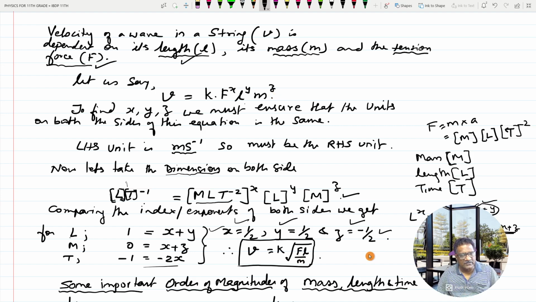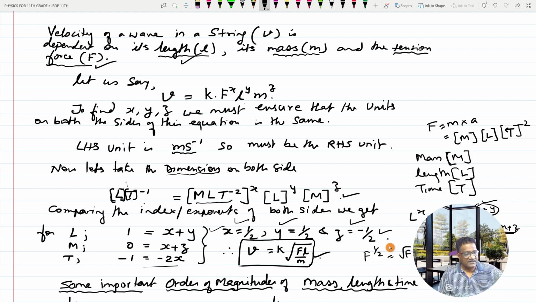Anything raised to 1 by 2, like F raised to 1 by 2, can be written as root of F. L raised to 1 by 2 can be written as root of L, and M raised to minus 1 by 2 can be written as 1 upon root M. If you club this together, you will get square root of FL upon M. This is the formula that you will get.